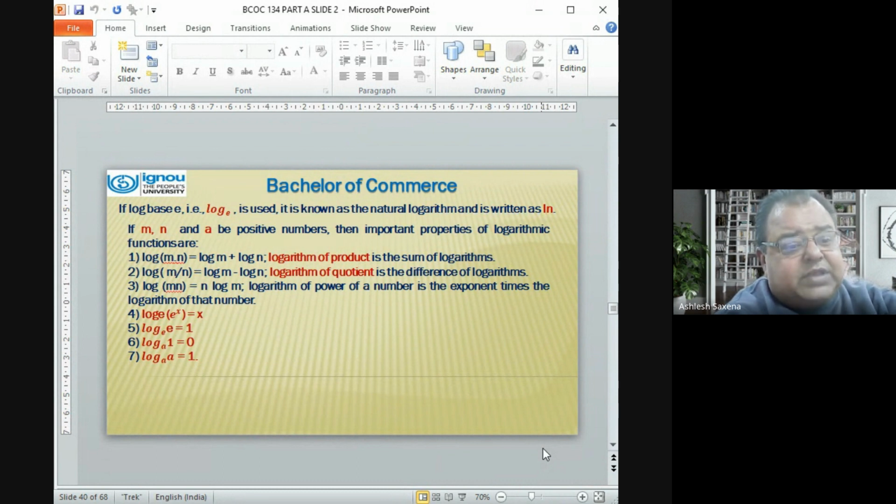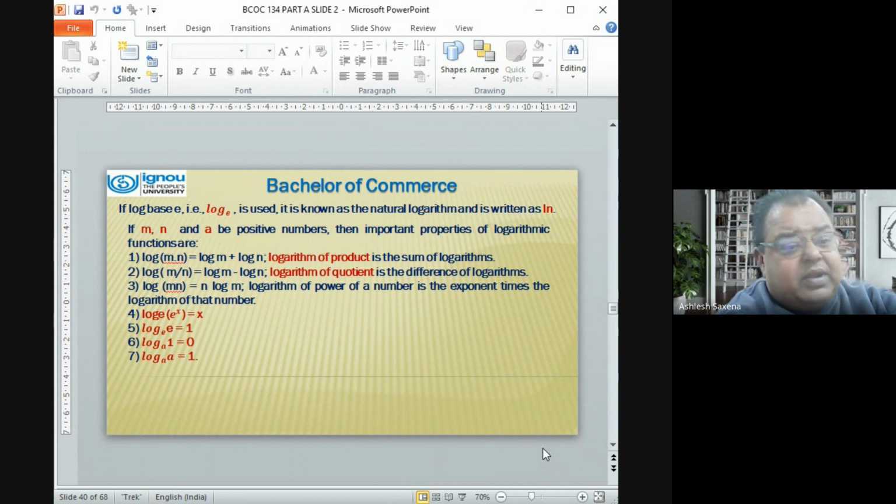If it is in division, m by n, it is log m minus log n. The logarithm of a quotient is the difference of logarithms. If this is log m raised to the power n, it will be n log m. Log of power of a number is the exponent times the logarithm of that number.